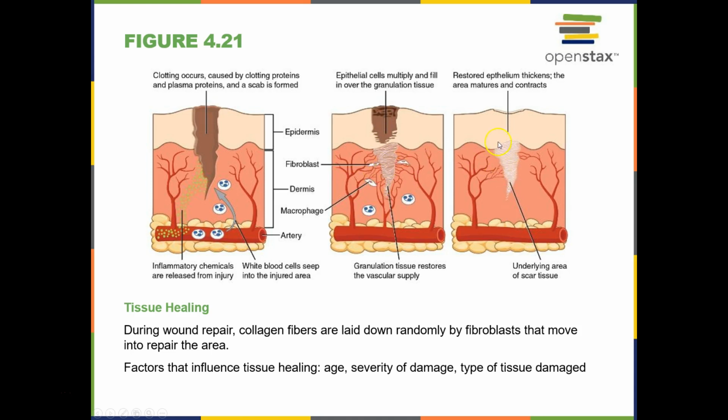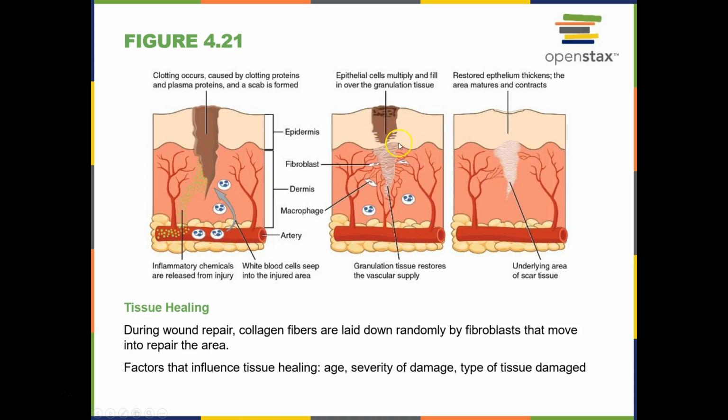So underneath, you're going to have damage repair, and depending on the type of damage, you may end up having scar tissue form, or if scar tissue doesn't form because the damage wasn't too great, then you're going to have complete regeneration of the tissue, which is always nice.